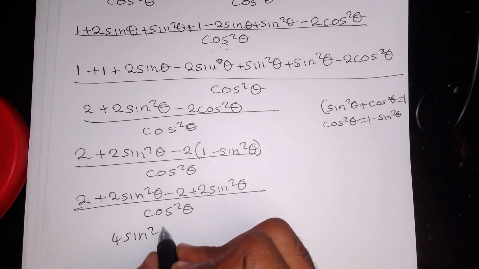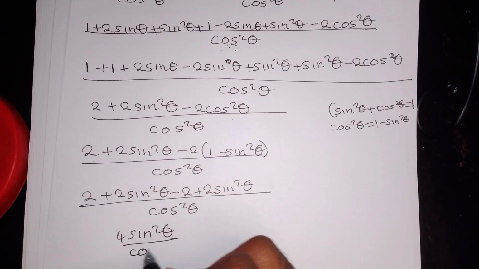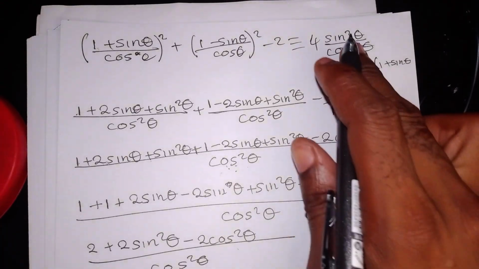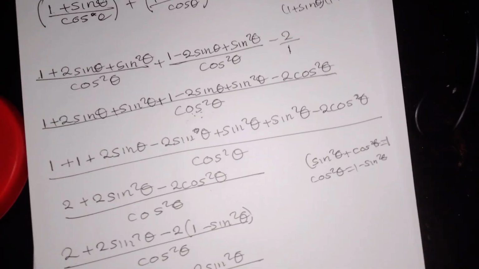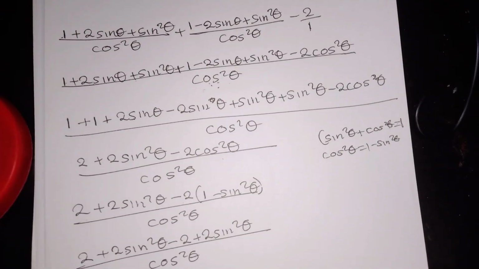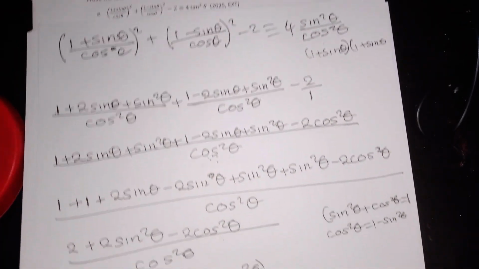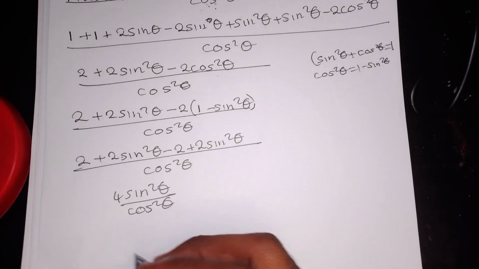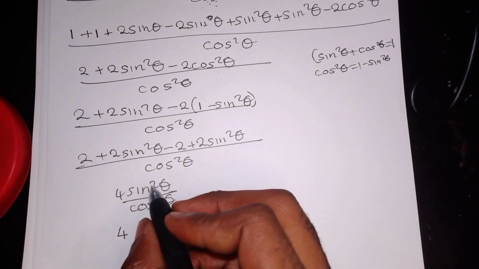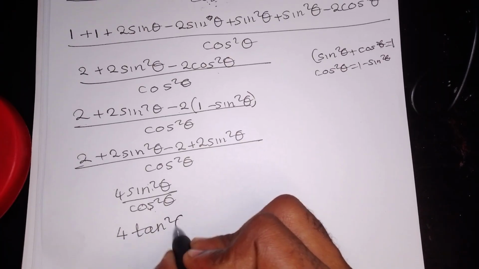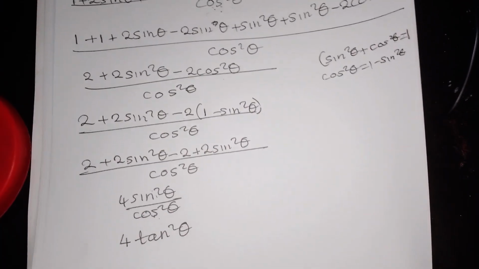We have 4 sine squared theta over cos squared theta, which is what we need. And then because we are trying to show that this thing is equal to 4 tan squared theta, I'm not going to leave it like this. I'll say 4, then this part here is tan squared theta, and you're done.